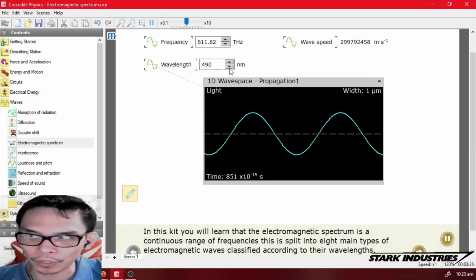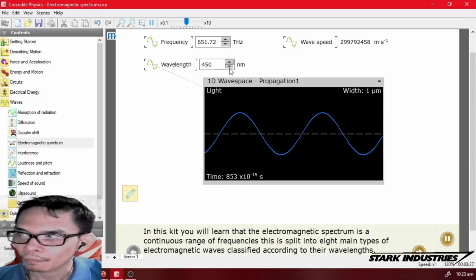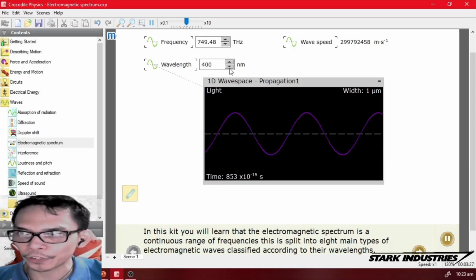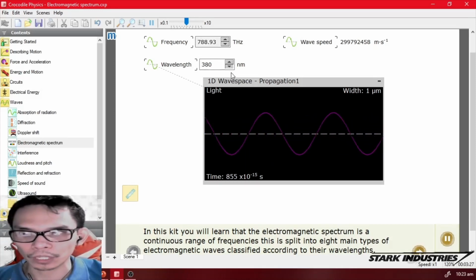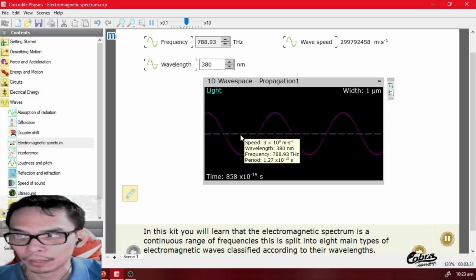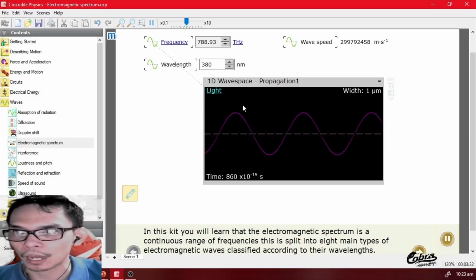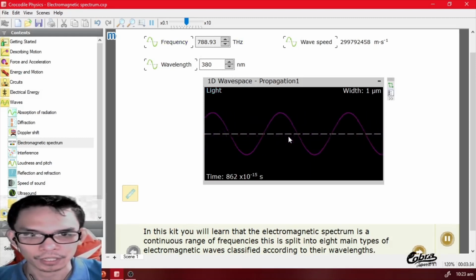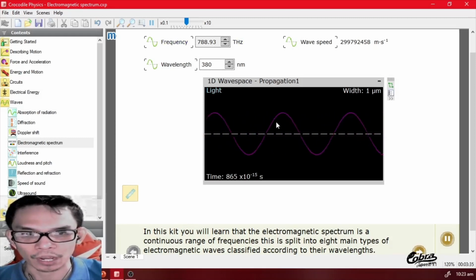We are now on the green part. As we decrease the wavelength further to 380 nanometers, the light becomes violet at 788 terahertz. That is the violet light that you have right here.